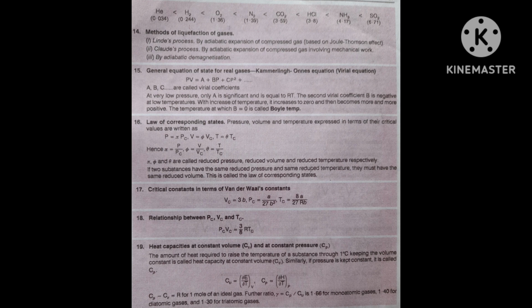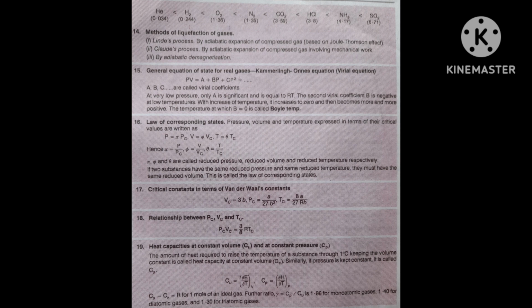Because in Cp at constant pressure the volume will increase. Then to increase the volume heat will be required, and then the temperature will rise by 1 degree. Hence more heat it will absorb. That's why Cp is greater.